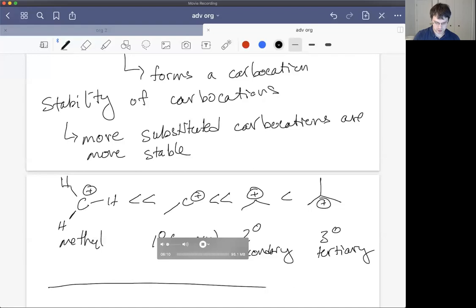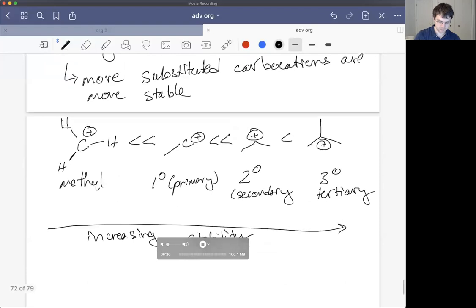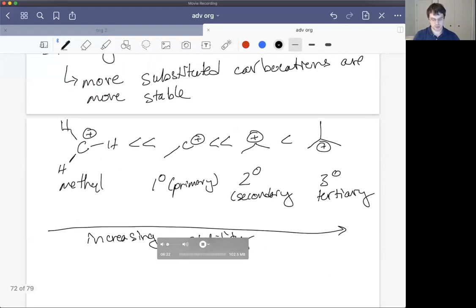And we have across the bottom here increasing stability. Okay, so more substituted is more stable, tertiary is the most stable. Secondary has some mediocre stability, primary and methyl are just not that stable.